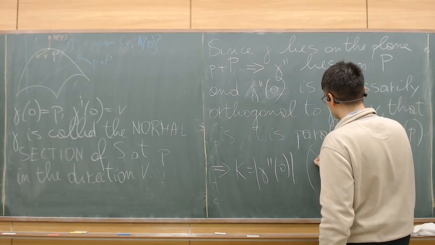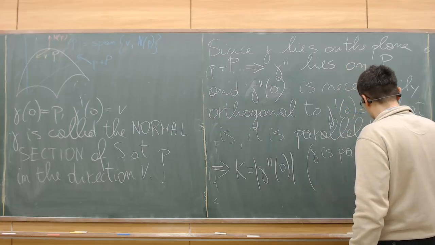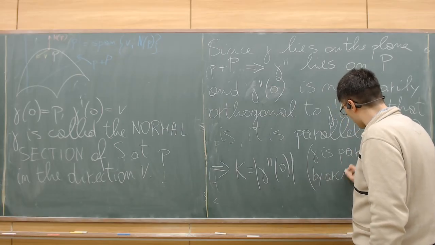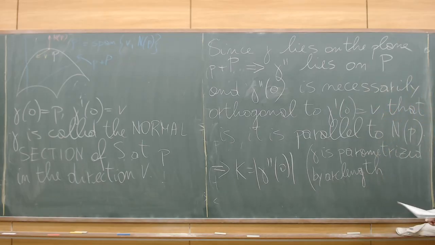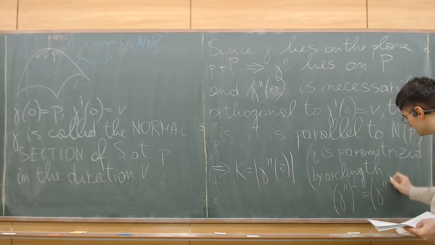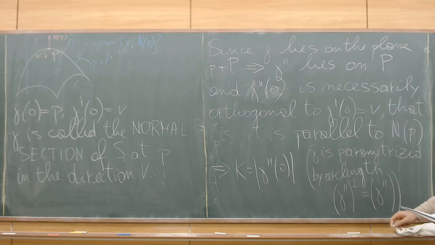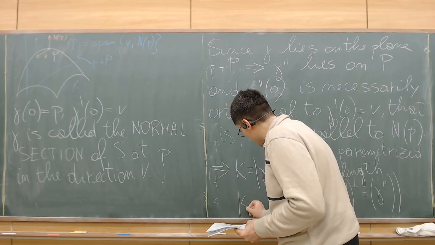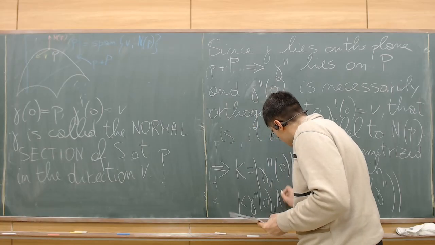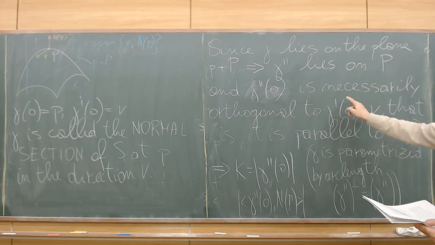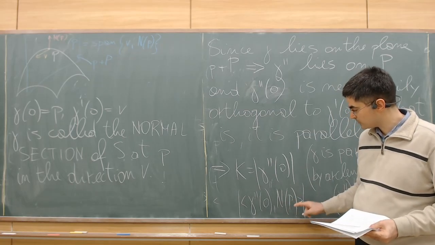So let's write something. Gamma is parameterized by arc length. And we have that the gamma second orthogonal coincides with gamma second, where orthogonal means orthogonal component with respect to V. Now, this is also equal to the absolute value of the inner product of gamma second 0 and n at P, because I told you before that these two vectors are parallel and this has length 1.